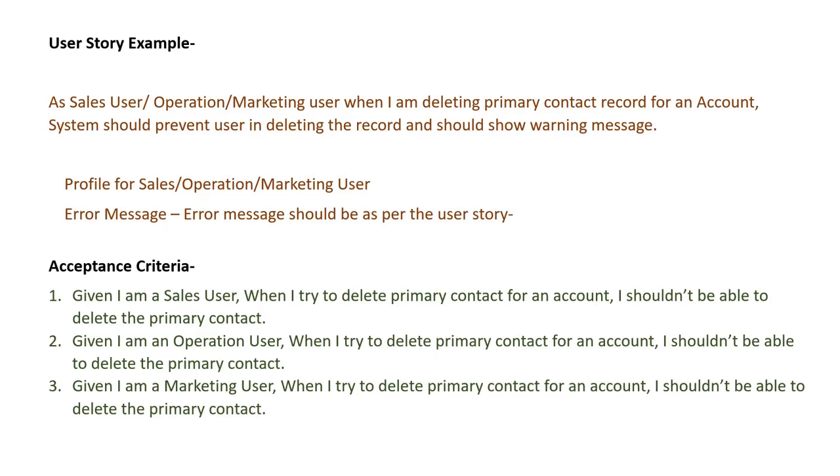So: given I'm a Salesforce user, when I try to delete the primary contact for an account, I should not be able to delete the primary contact. This is the acceptance criteria. I have given three acceptance criteria here, for sales user, operation user and marketing user, and basically they are doing the same thing.